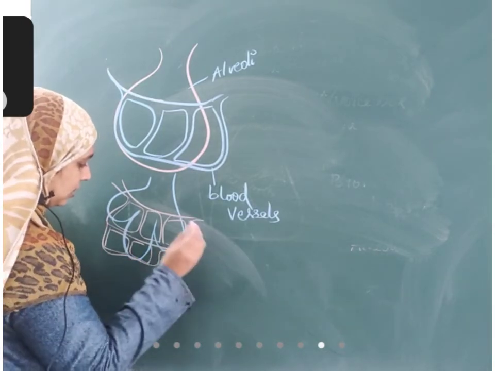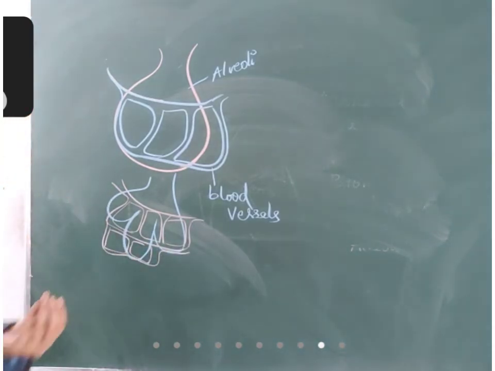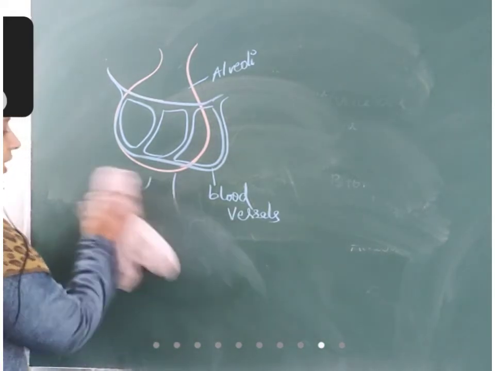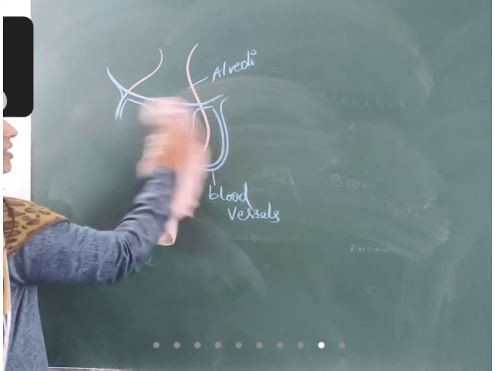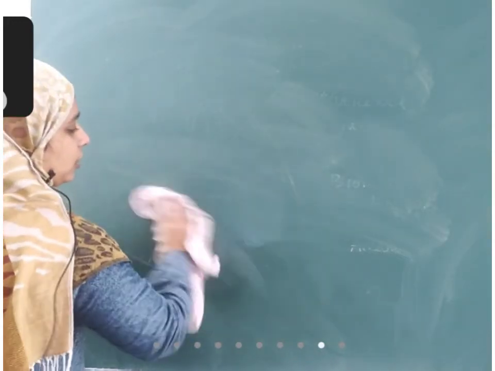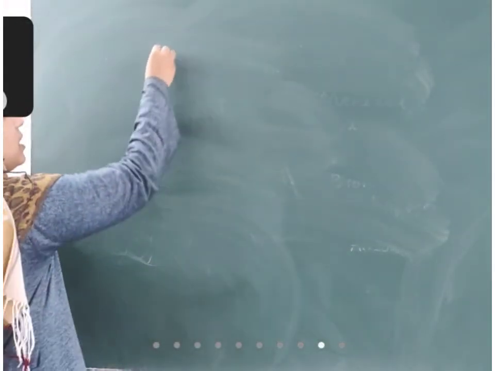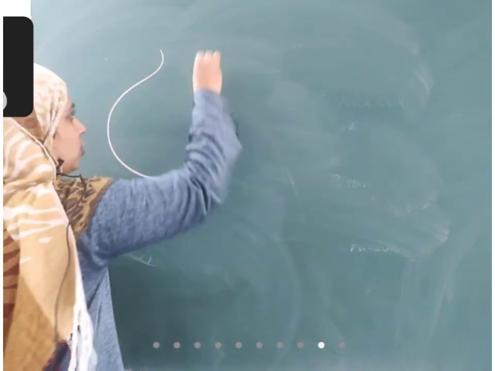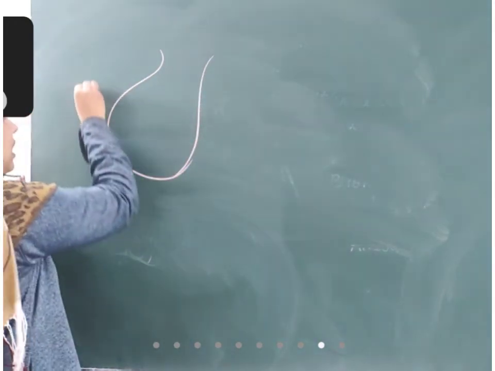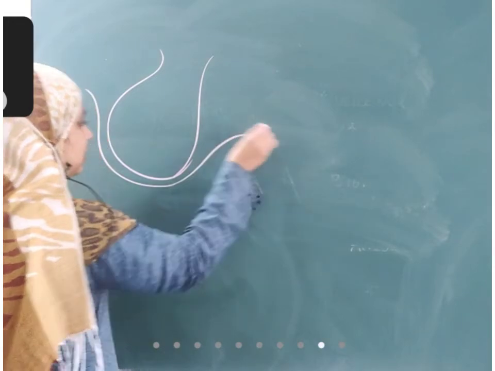This is a network of blood vessels. So for every alveolus, definitely there is a blood vessel in contact. So when the exchange of gas occurs, the gas actually enters into the blood. This is the alveolus. I'll draw a very simple blood vessel. This is the blood vessel.